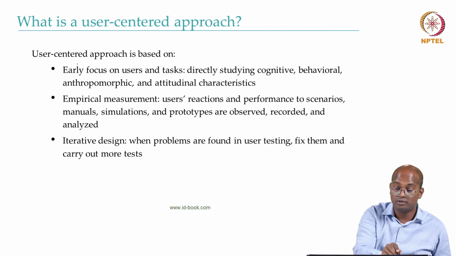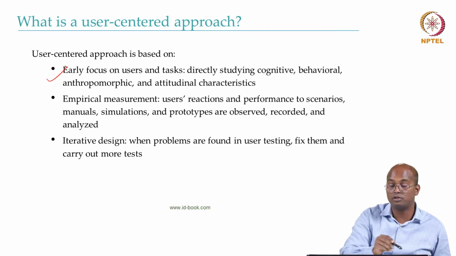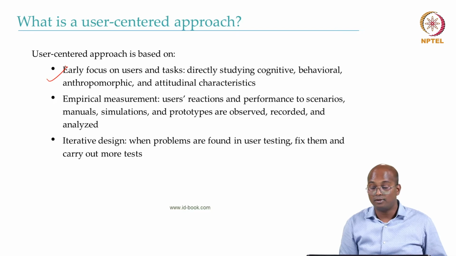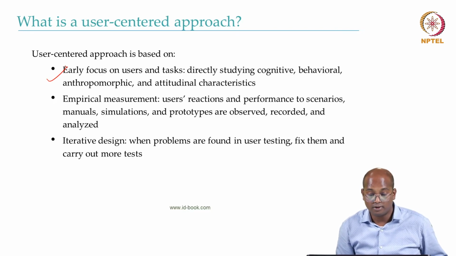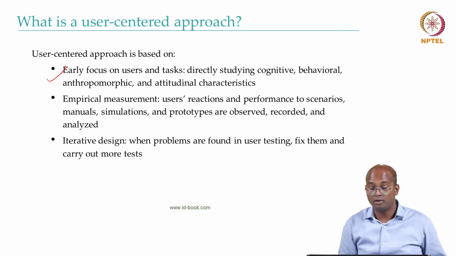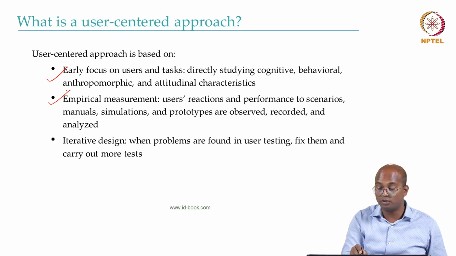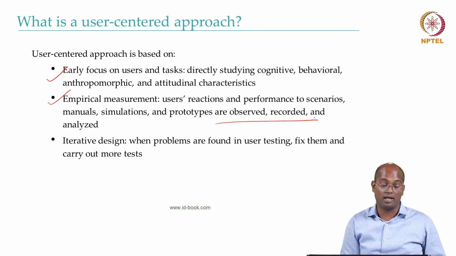The user-centered approach is based on an early focus on users and tasks, directly studying cognitive, behavioral, anthropomorphic, and attitudinal characteristics. Empirical measurement: users' reactions and performance to scenarios, manuals, situations, and prototypes are observed, recorded, and analyzed.